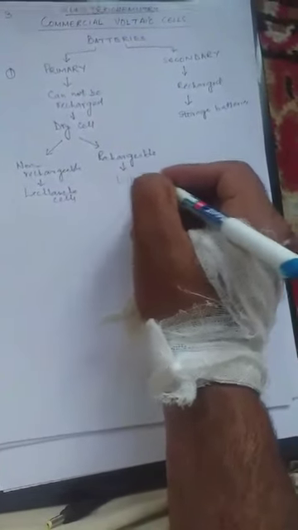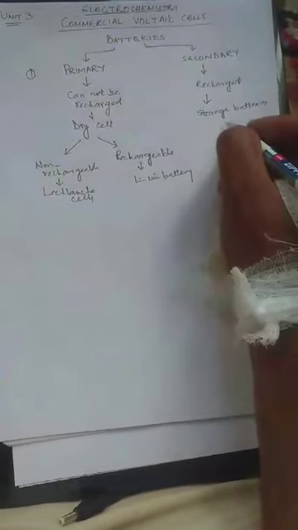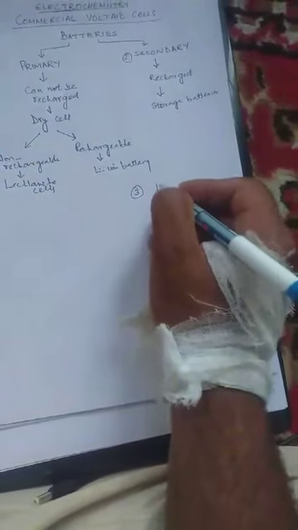Whereas in rechargeable cells, you see the lithium-ion battery, which is usually used in laptops or PCs. And the third type of electrochemical cells which we'll be discussing is called fuel cells.